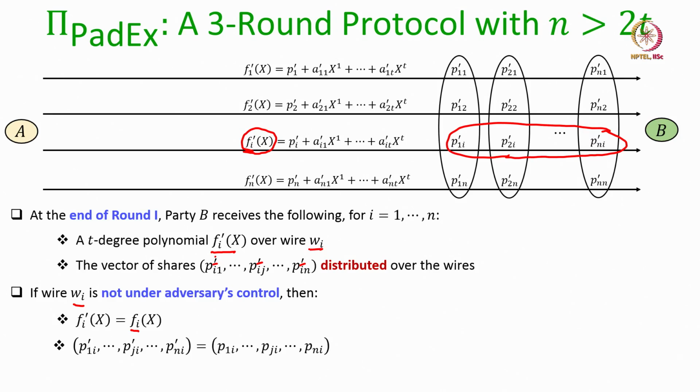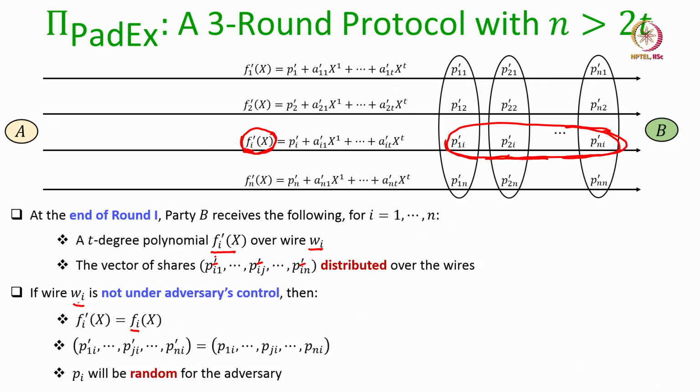But if the ith wire is under the adversary's control, then there is no guarantee that the delivered polynomial is the same as sent by the node A, and at the same time it is not guaranteed that the ith component of all the vectors of shares delivered to the node B is the same as sent by the node A.